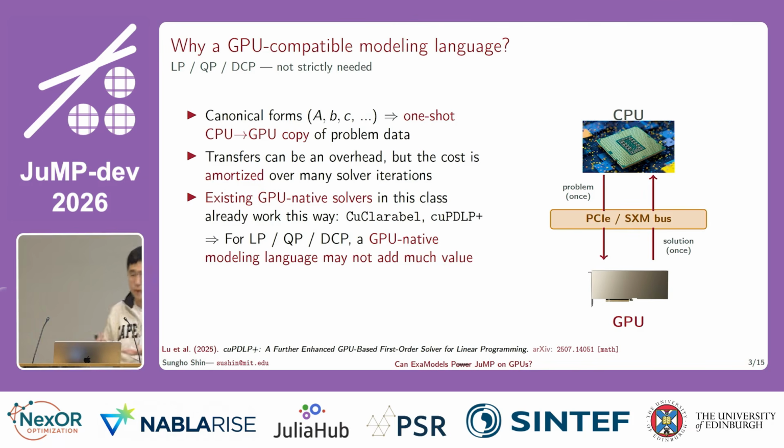And once you solve it, you can report the solution back to the host. So the communication is going to happen only once from the CPU to the GPU. And after the solution, we're assuming that we are running some GPU native solver, the solution should be sent back to the CPU, and that's going to be just a one-time thing. So even if you use a GPU native modeling system, there is not much benefit you can get from that.